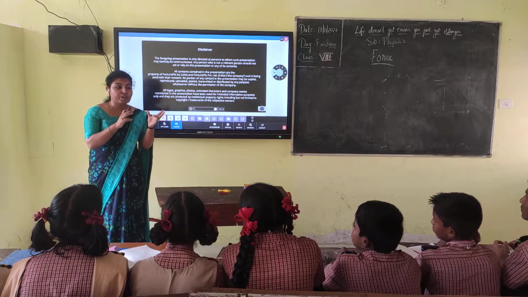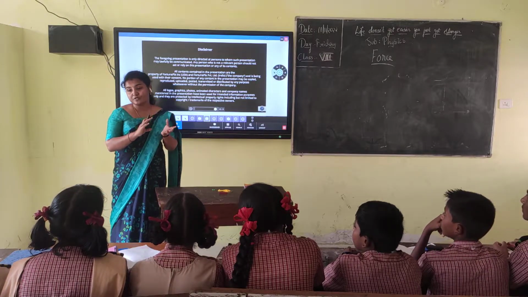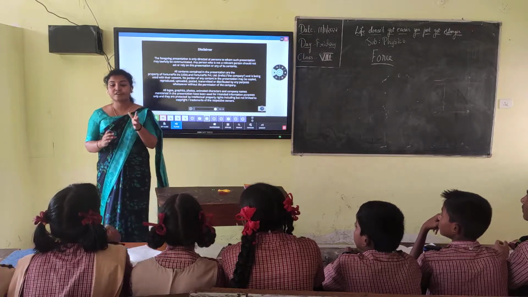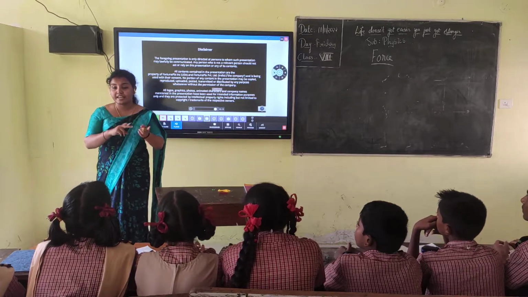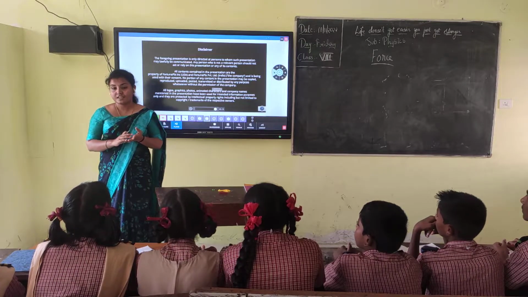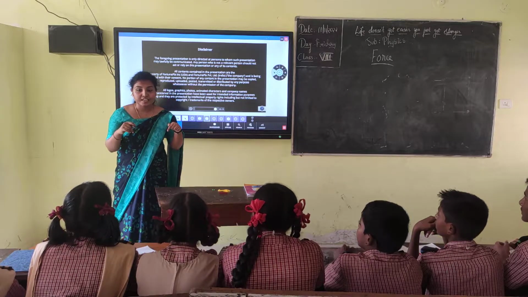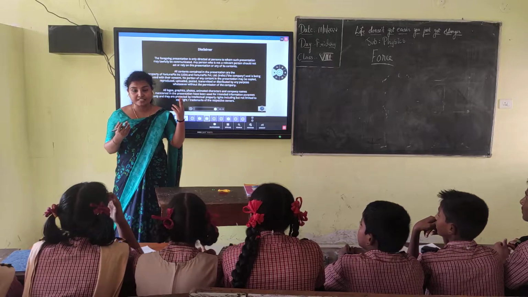So that equation is showing the relation of pressure and force. Clear? So whenever the depth increases, pressure will increase. Whenever the height increases, pressure will increase.